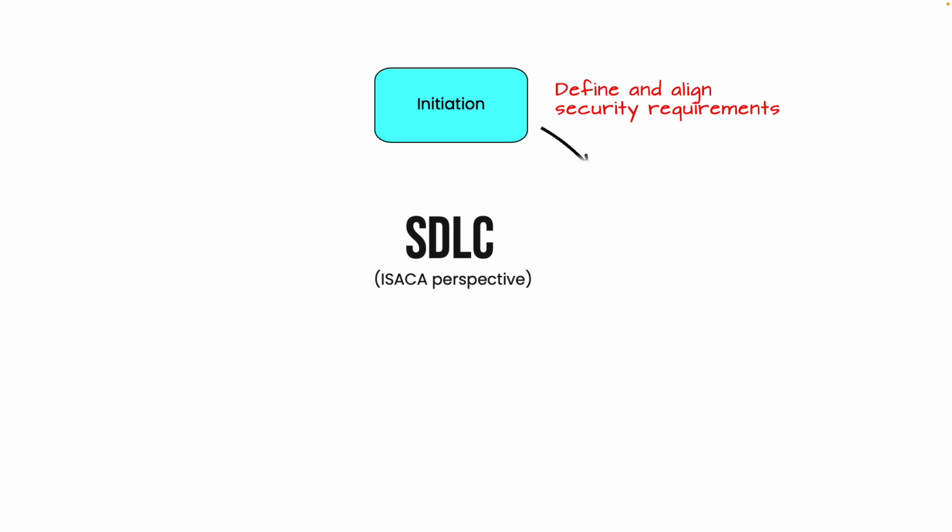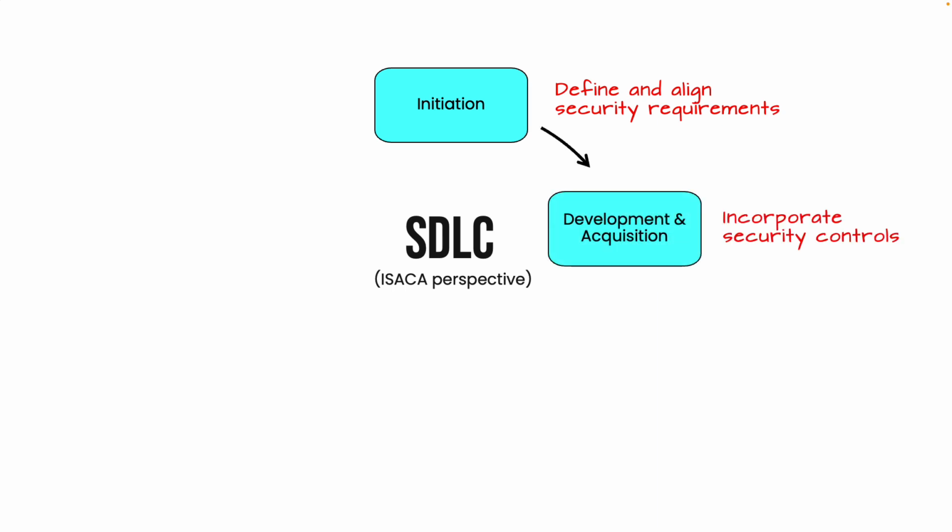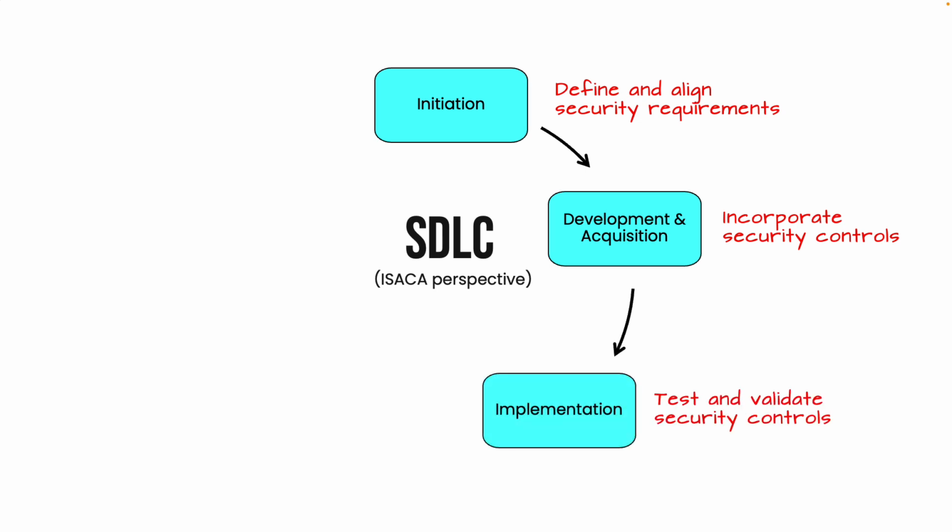There's not one universal answer. I'm going to give you the SDLC from the ISACA perspective, so a pretty practical approach, I think. So it begins with initiation, where we define and align security requirements. We then develop and acquire. This is where we incorporate our security controls into the solution. Implementation, this is where we're going to test and validate our controls.